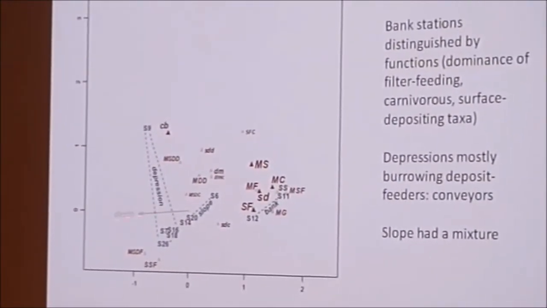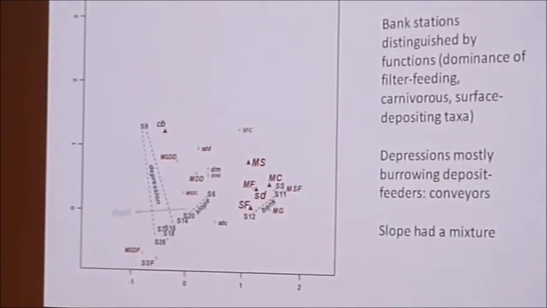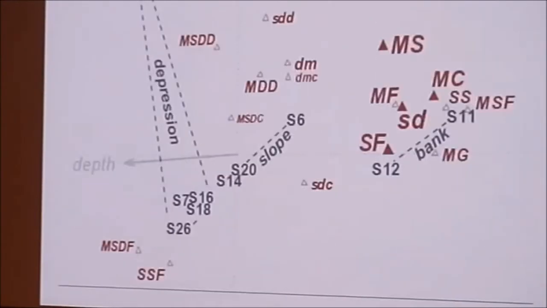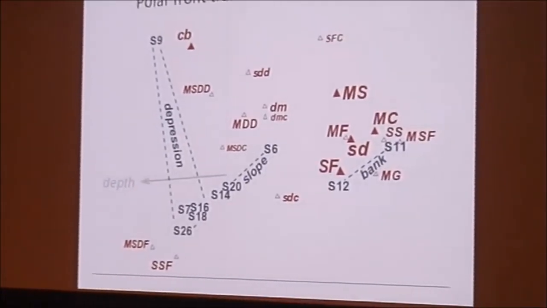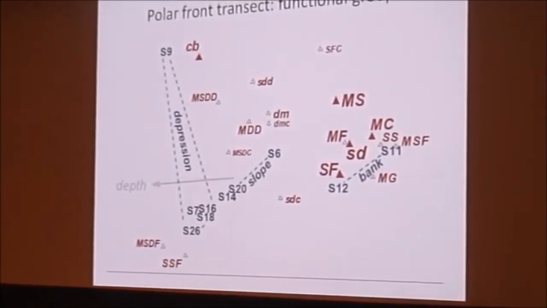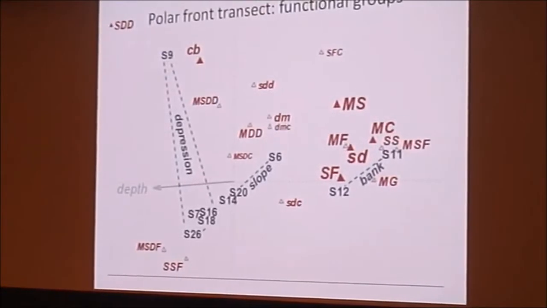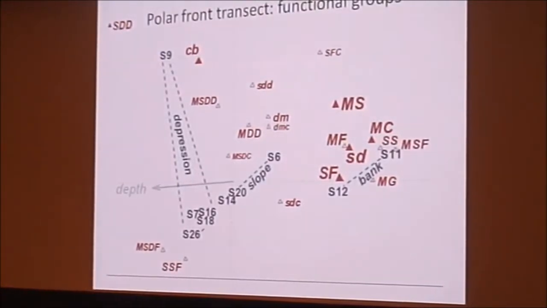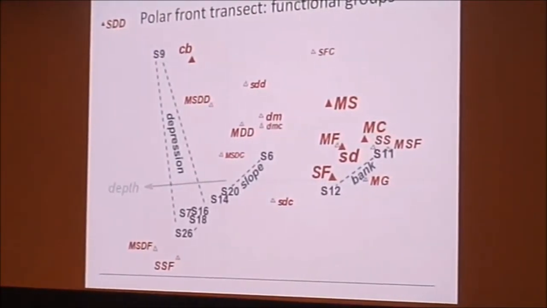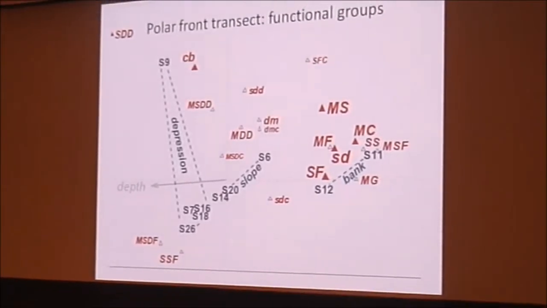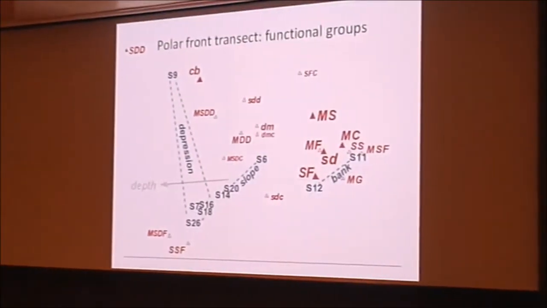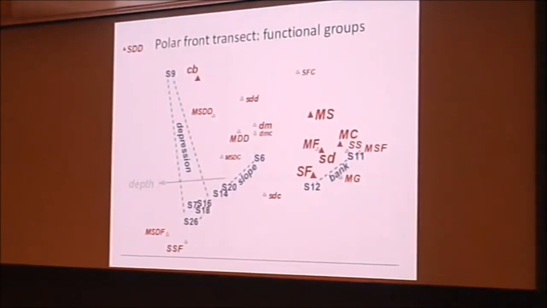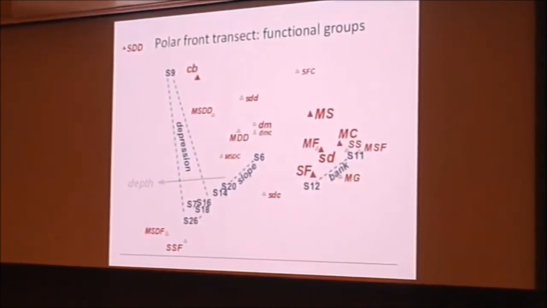Then we've got some distinctive functions on the depressions, the deeper areas, and these are bioturbators, deposit feeders, digging animals. This station up here is pulled up there because of an enormous quantity of organic polychaetes. So the take-home message there is that here we're getting a division into bank, slope, and depression.